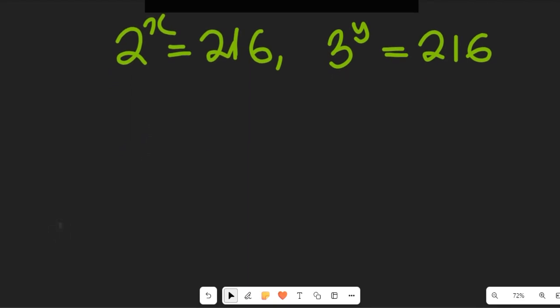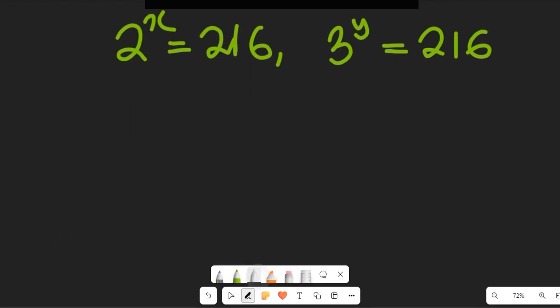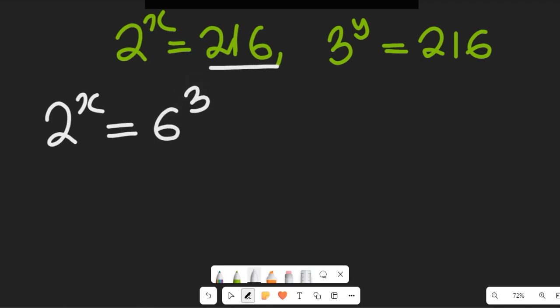Now, if you look at the first expression, 2 to the power of x is equal to 216, and 216 is going to give us 6 to the power of 3. So how do we simplify this? We're going to simplify this using the logarithm.